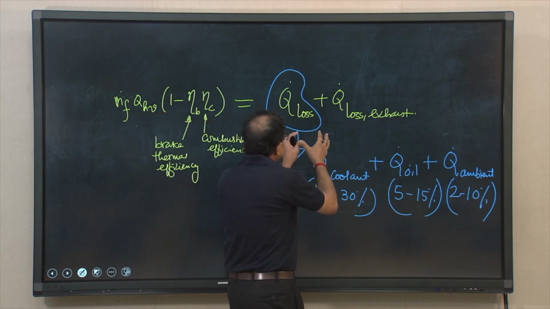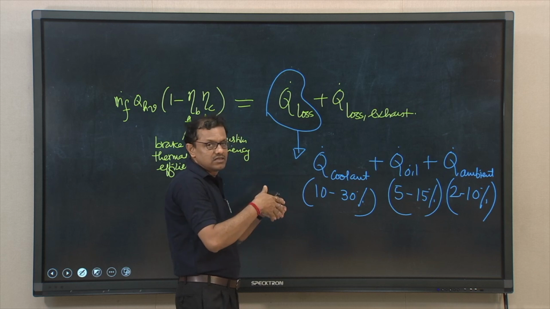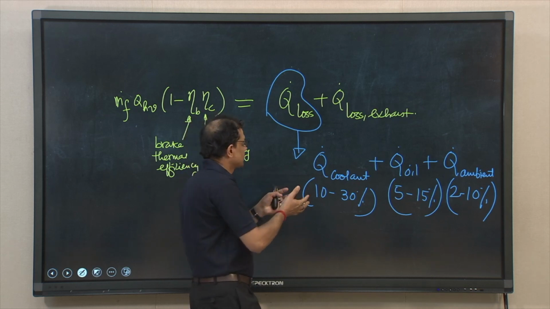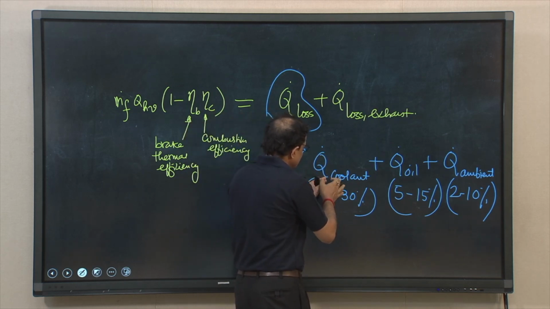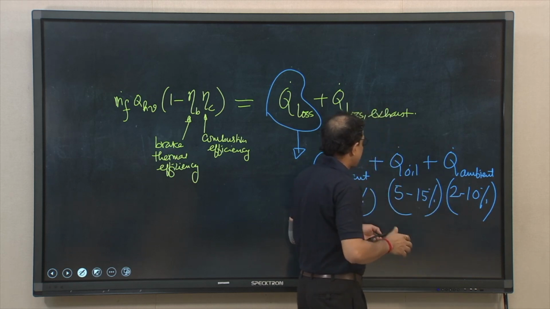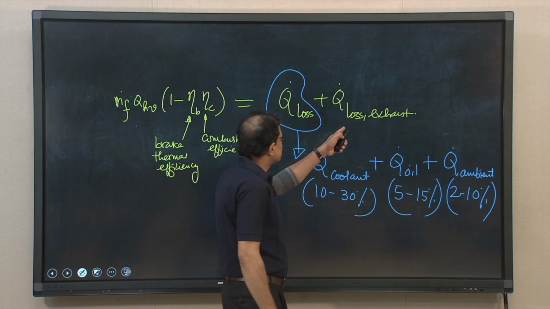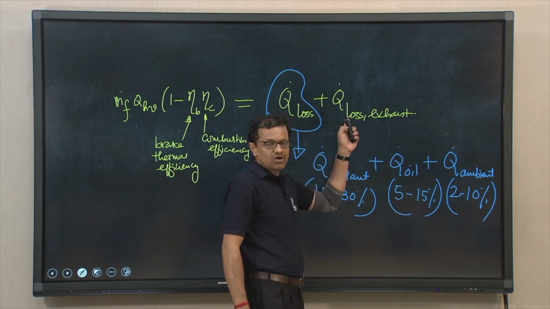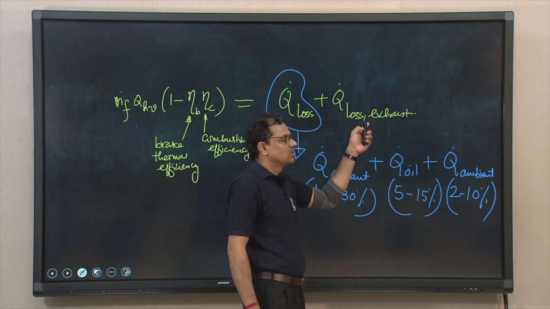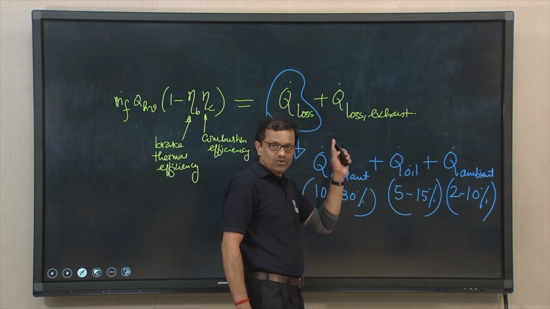Now, what we could not discuss today is, the amount of energy which is getting lost or which needs to be transferred is through the coolant, through the oil, and directly to the ambient. Another significant part is loss of energy through the exhaust gases, which we need to know.